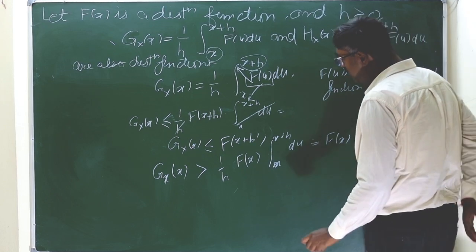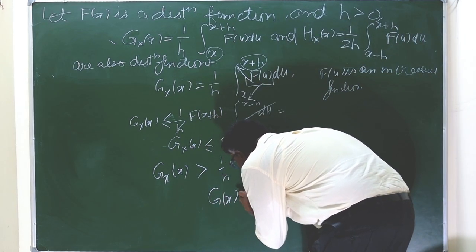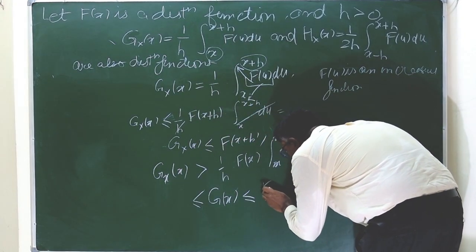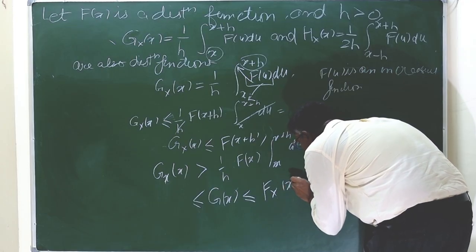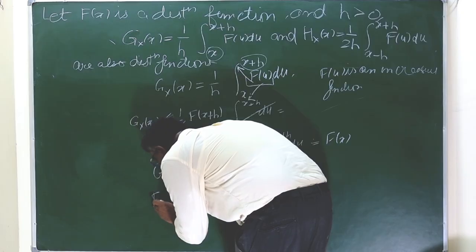So we can see that now g of x is lying between two functions: f of x plus h and f of x.